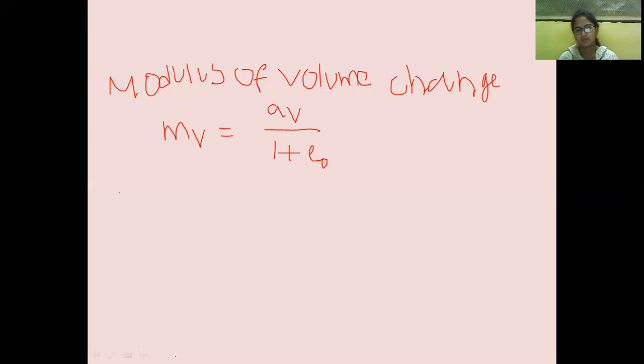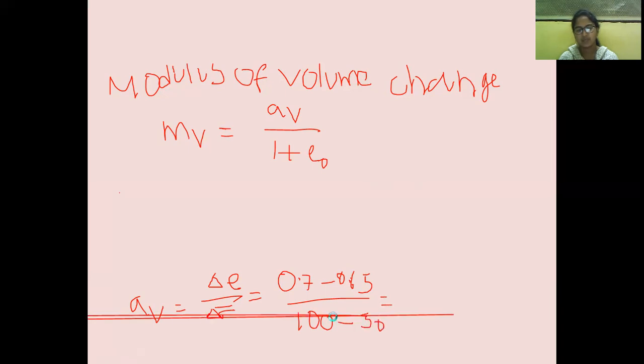Here the value of av is, as we have already discussed, change in void ratio by change in stress: 0.7 minus 0.65 by 100 minus 50.